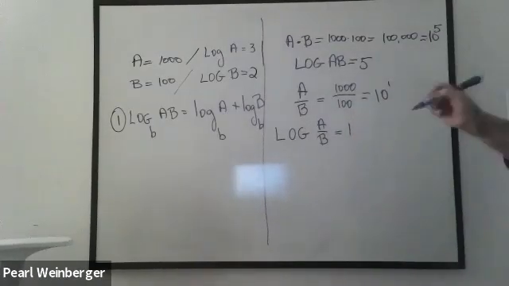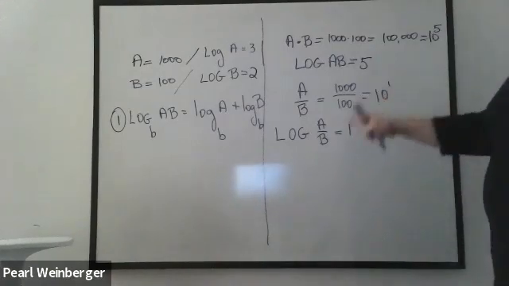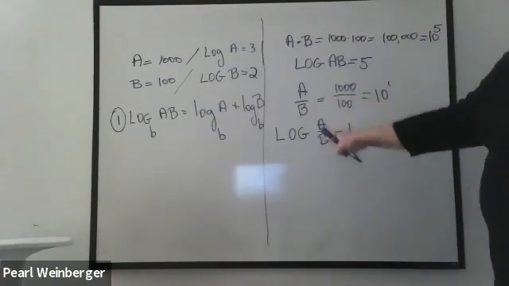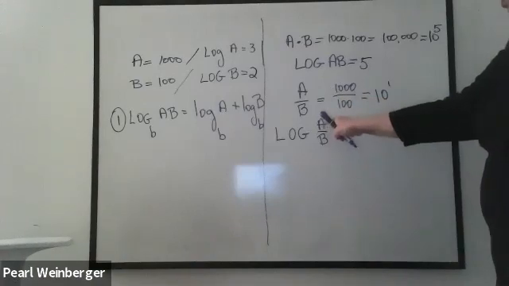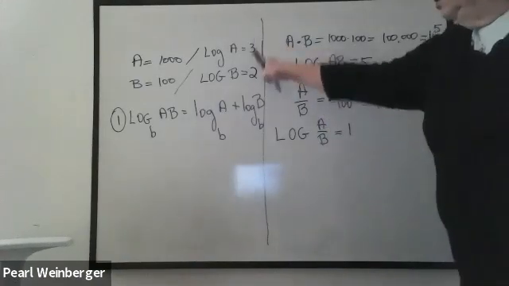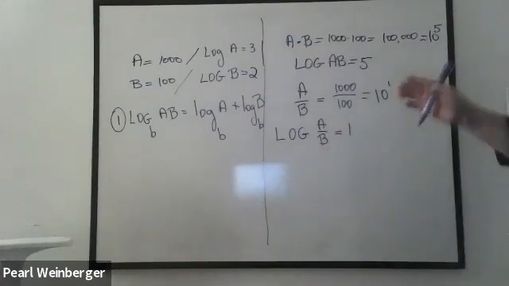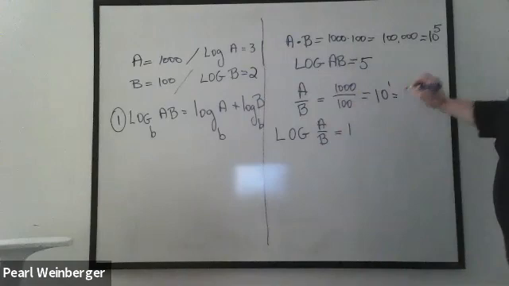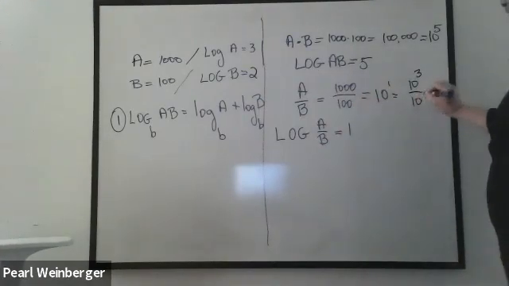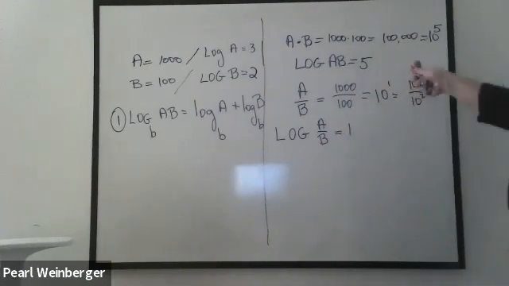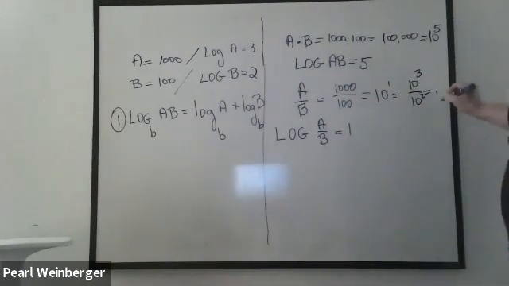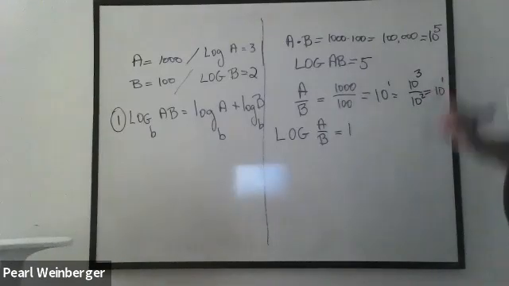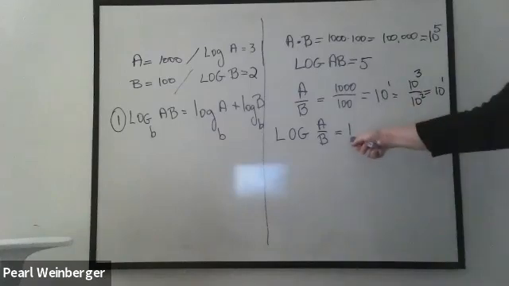If you think about it, it must mean that what I've done is subtract the two exponents. That makes sense because really a is 10 to the third and b is 10 squared. When I divide numbers, I subtract their exponents. That's why I got 10 to the 1, so the log, the exponent, is 1.